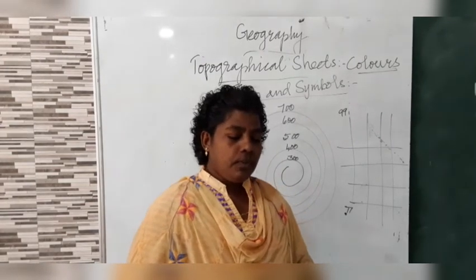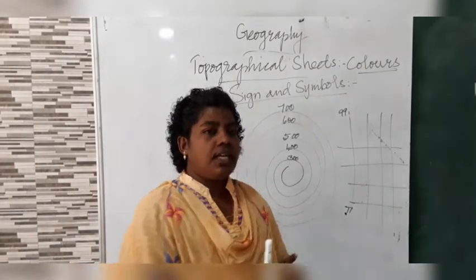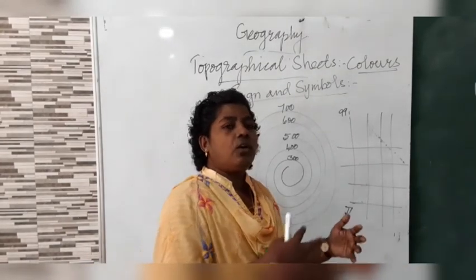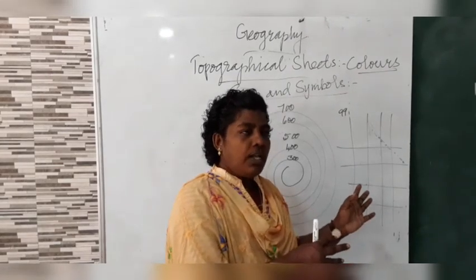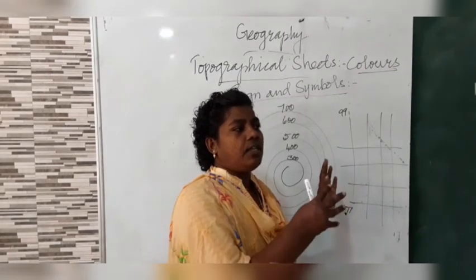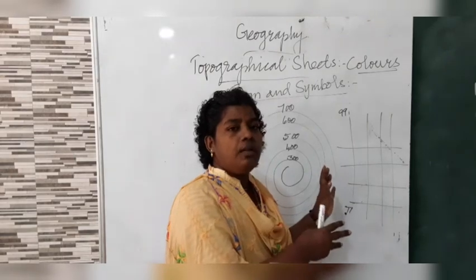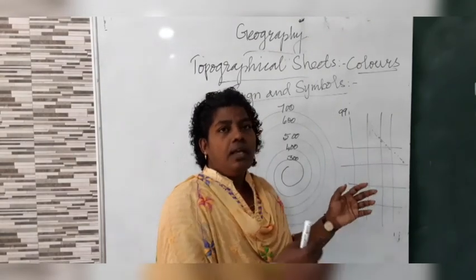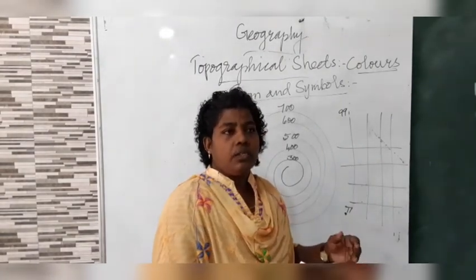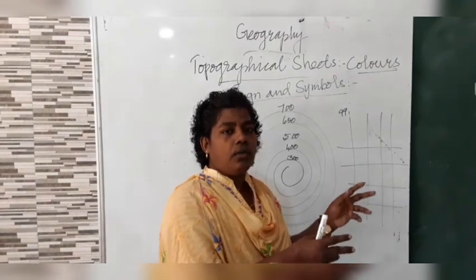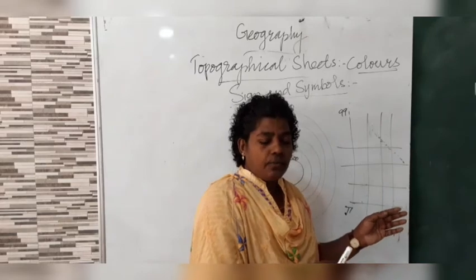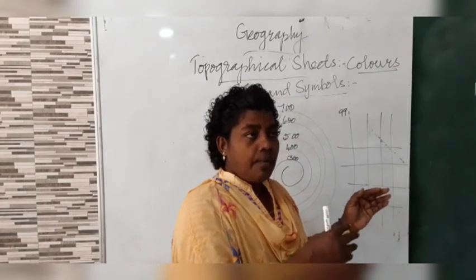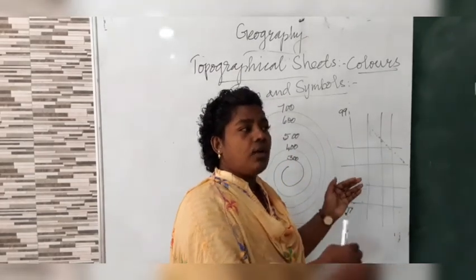Agriculture, how will you find it? It covers a big area. Wherever the crop cultivation is done, you have to identify that the people there are farmers or cultivators. Okay. And for manufacturing goods, wherever the minerals are found, there the mines and quarries are there.